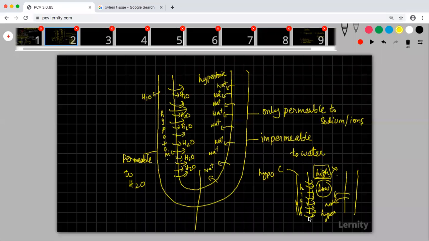This is what we call the counter current mechanism. By the time it is coming out here in the Henle's loop, the urine would be concentrated. Concentrated means made less watery.